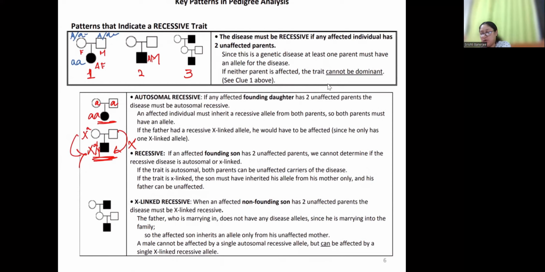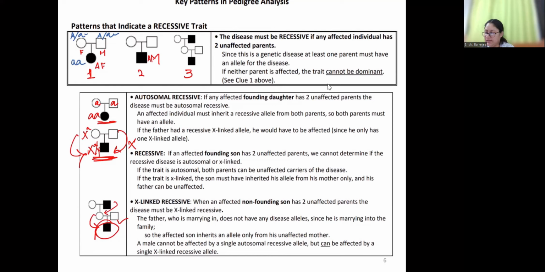The father who is marrying in doesn't have any disease allele since he's marrying into the family. So this affected son inherited the allele only from his unaffected mother, which was again given by the affected father. That is how it came to him. So the affected son inherits the allele from his unaffected mother.